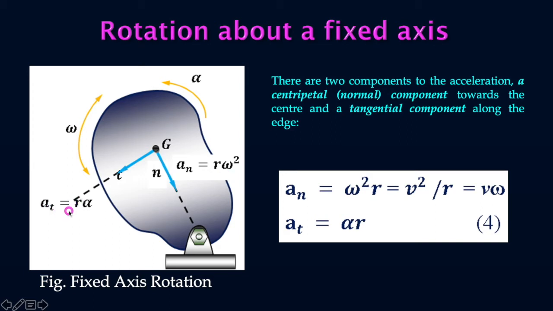But the tangential component is directly related to the angular acceleration. If angular acceleration is 0, meaning the body rotates about the axis with constant angular velocity, then there is no tangential component of acceleration.